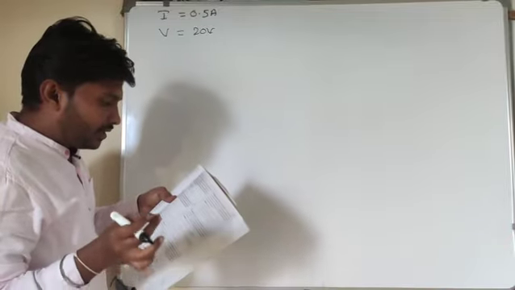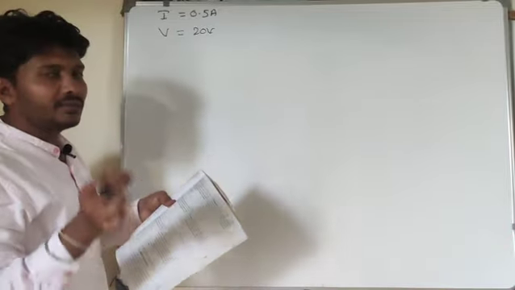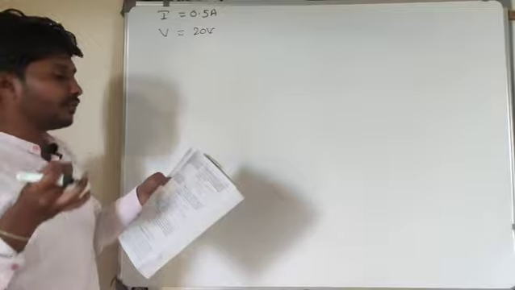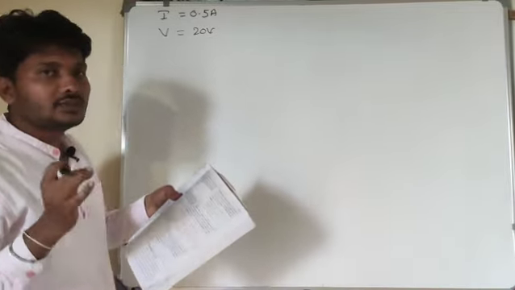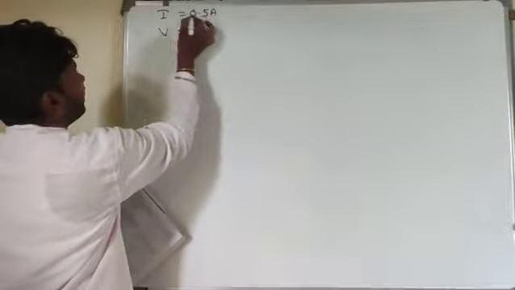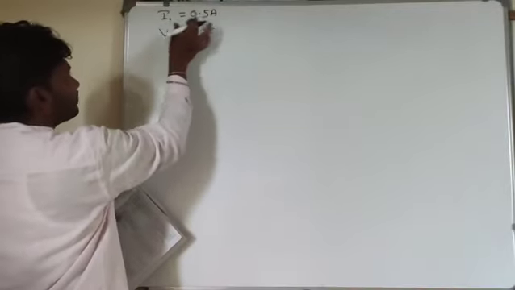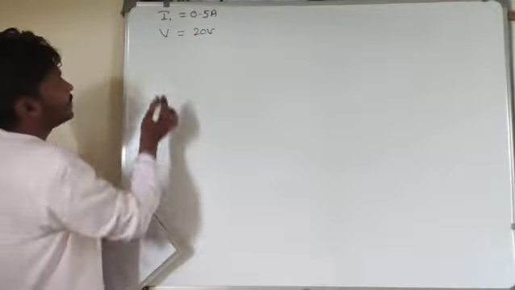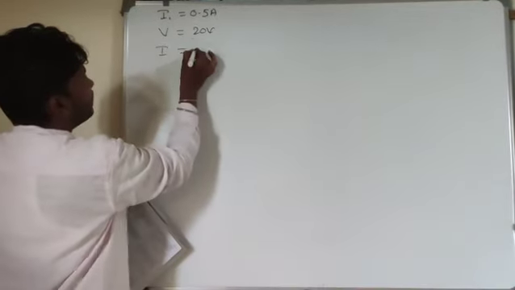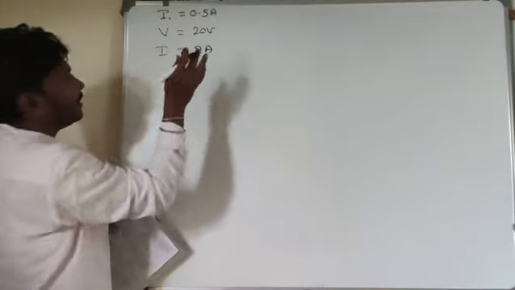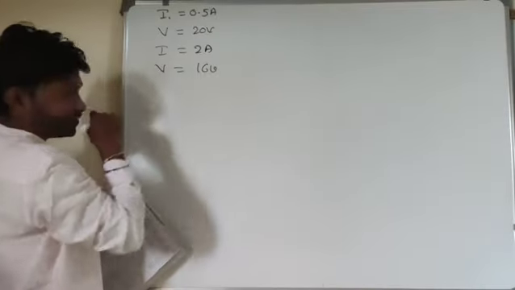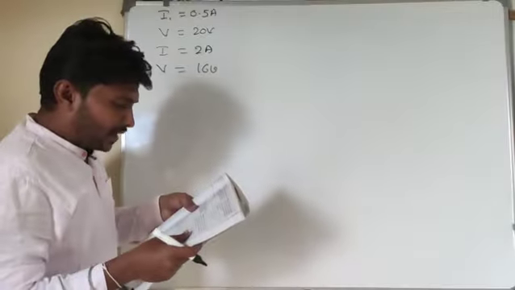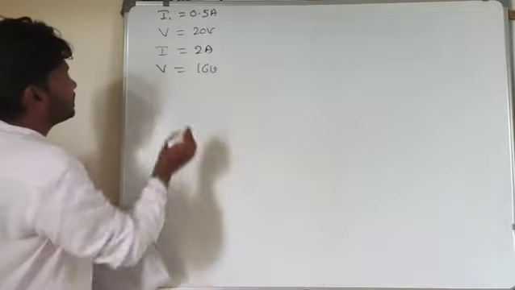And when the current drawn from the same battery is 2 ampere, terminal potential difference reduces to 16 volt. Then they asked to find out the EMF and internal resistance of the battery.